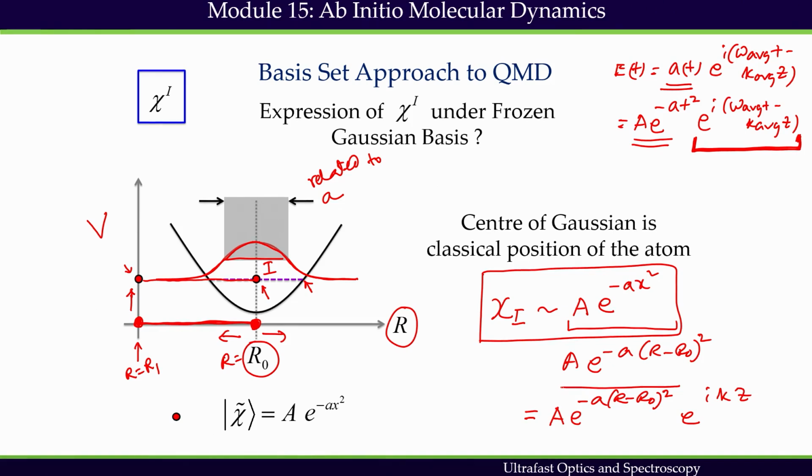This expression shows that it is a traveling Gaussian. The nuclei should move. The center of the Gaussian is going to be the classical position of the nucleus, and it can move, because this part indicates that it will be propagating along the z direction with the k vector.